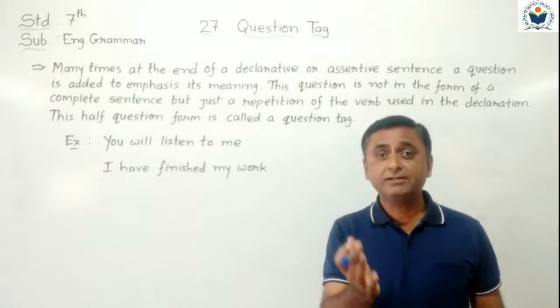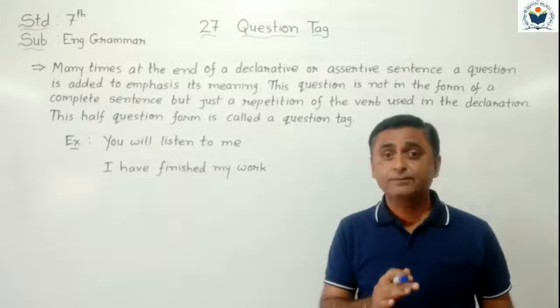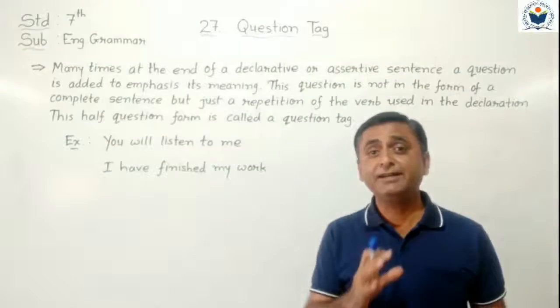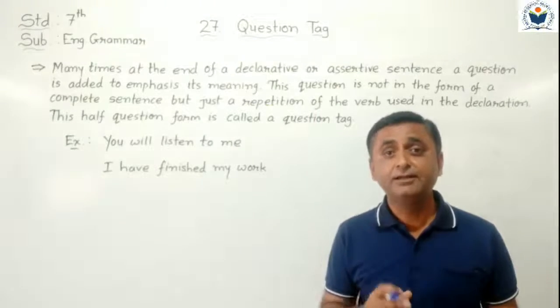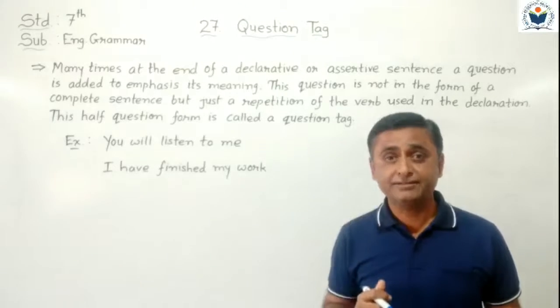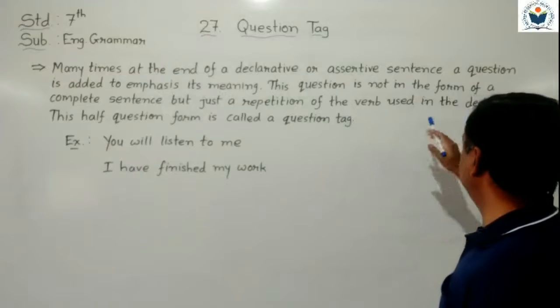We have to take the words from the declarative or assertive sentence. उसमें से ही हमें words use करने होते हैं. We have to carry the verb from that sentence. Okay, understand? Just repetition of the verb used in a declaration.